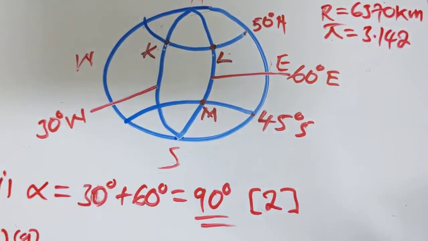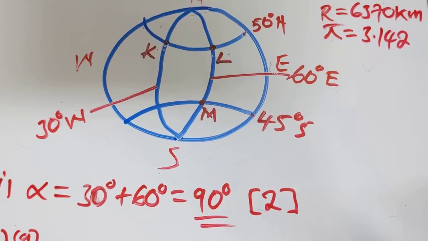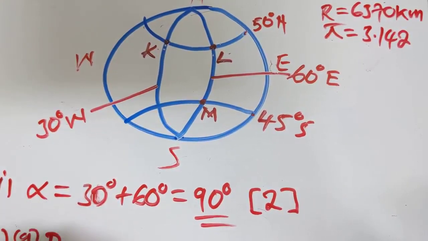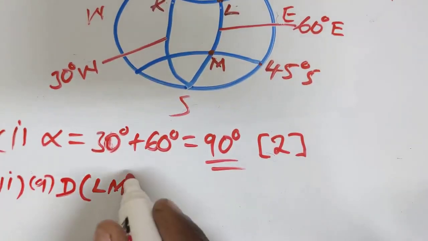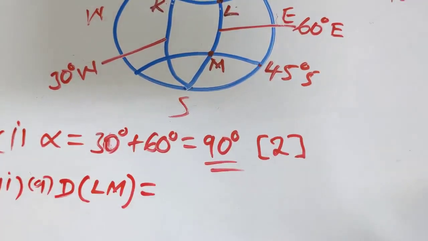It is simple. What you are supposed to know is just the formula. The distance between L and M, this is in longitude, like we said.